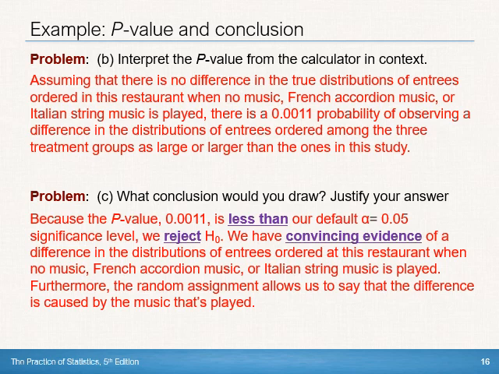We have convincing evidence that, and then the alternative, that there is a difference in the distribution of entrees ordered in the restaurant when no music, French music, or Italian music is played. Furthermore, the random assignment allows us to say that the difference is caused by the music that was played, because this was an experiment, right? So since we randomly assigned treatments, we can show causation in this case.